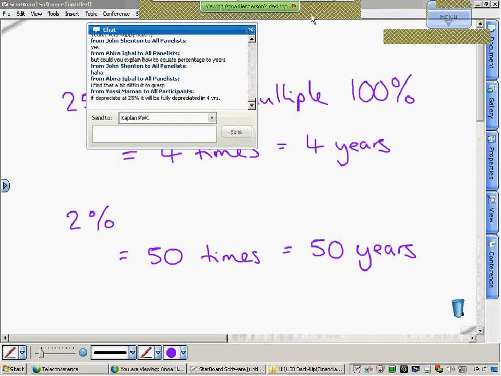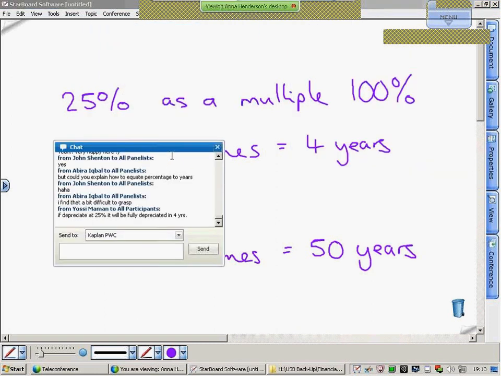That's how to think of it, really. How many times can I get the percentage into 100%, and that's my number of years? Does that make sense?